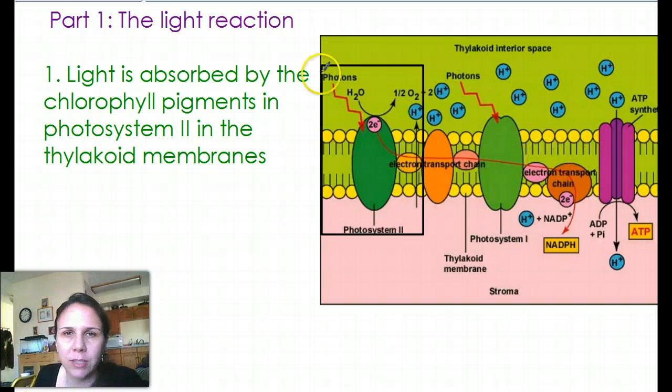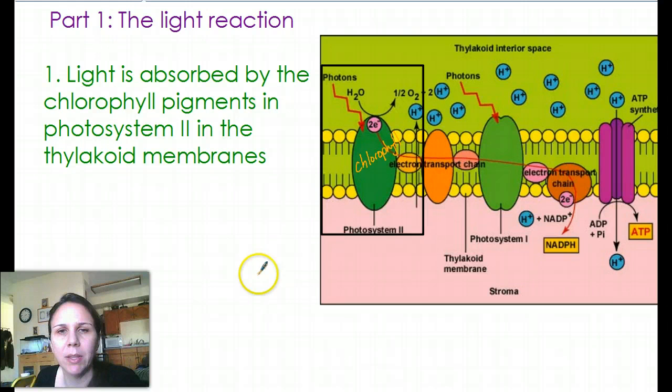Okay, so the photons come down from the sun, and they are full of energy. And inside of here is chlorophyll. Chlorophyll, as you guys know, is a green pigment that we found inside of leaves. And it's in that chlorophyll where all this magic is happening. So the chlorophyll molecules have little electrons floating around them.